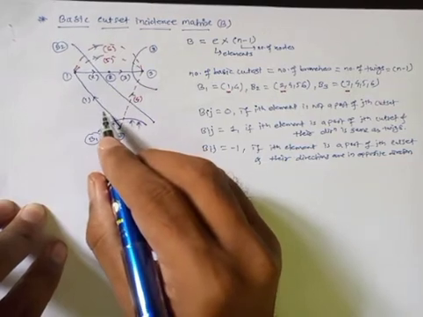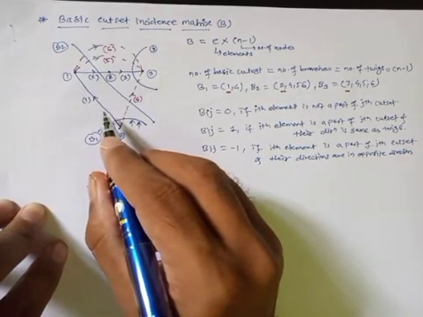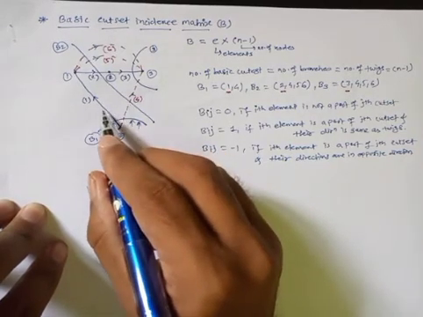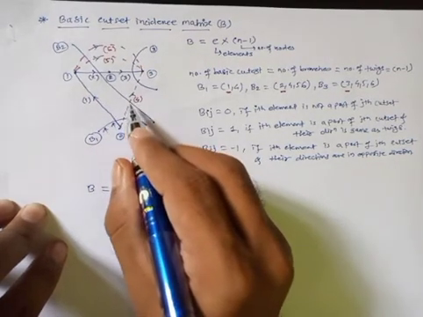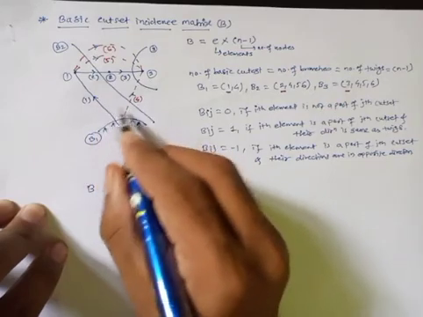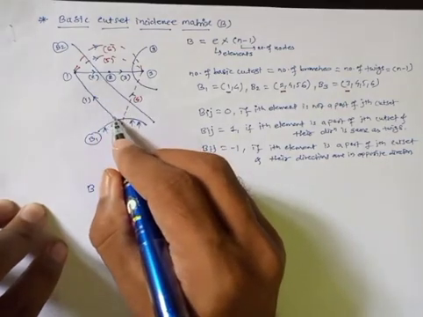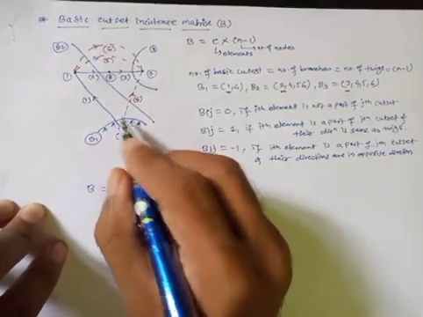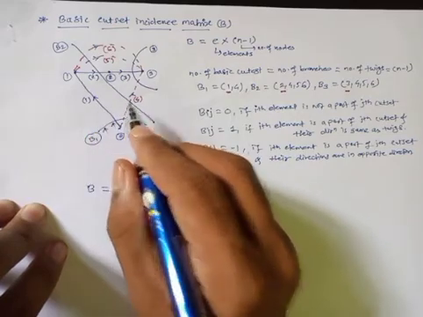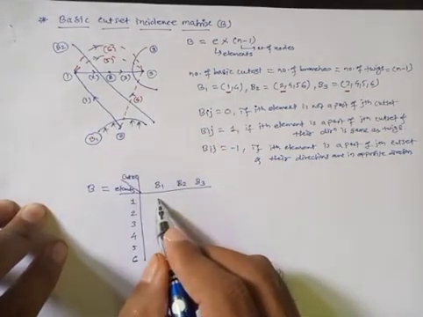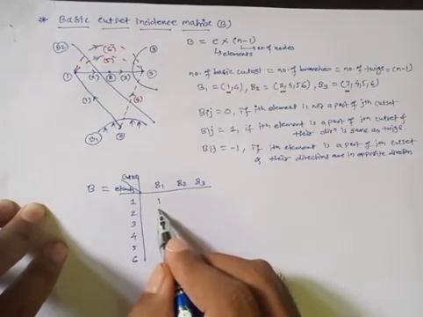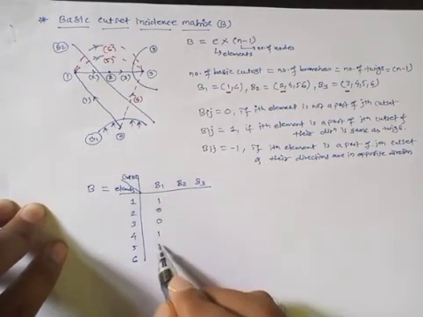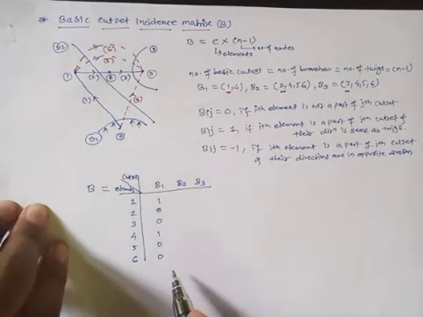In this, 1 is the branch, so it will obviously be positive, +1. Another element is 4, which has the same direction as this twig, so this will also become plus. Both elements 1 and 4 will become plus, and the remaining elements, 2, 3, 5 and 6, will become 0.